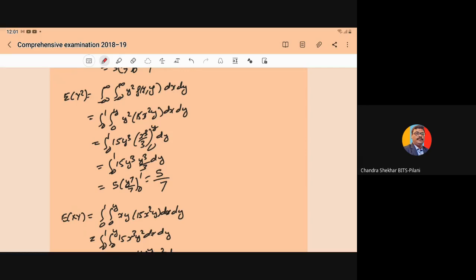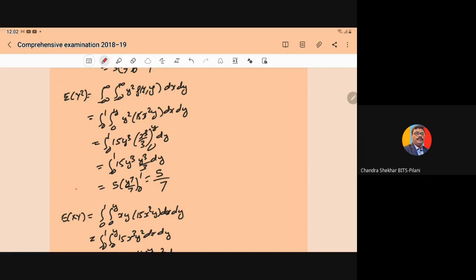On integration with respect to x, it will give you integral 0 to 1 of 15y³ into x³/3, limit 0 to y, dy, which ultimately will give you integral 0 to 1 of 15y³ into y³/3 dy, which will give you 5 into y⁷/7 on integration, limit 0 to 1, that will give you 5/7.